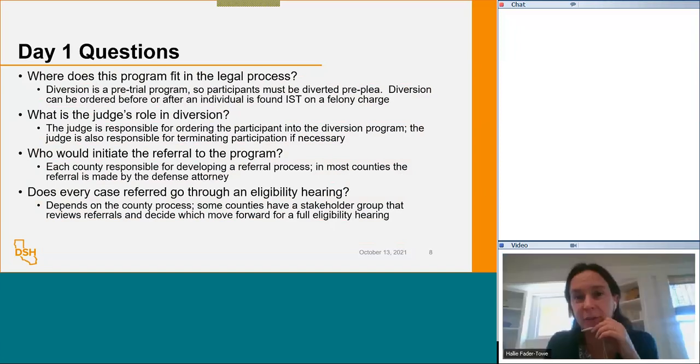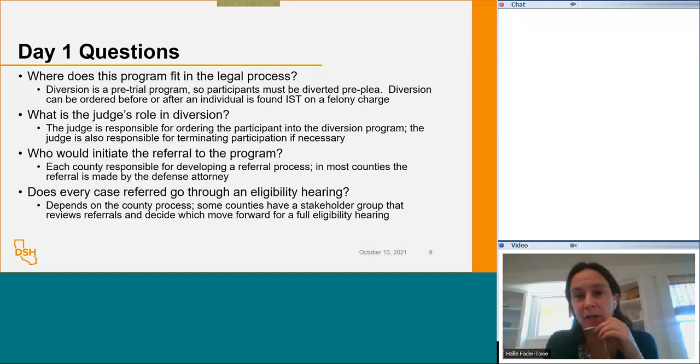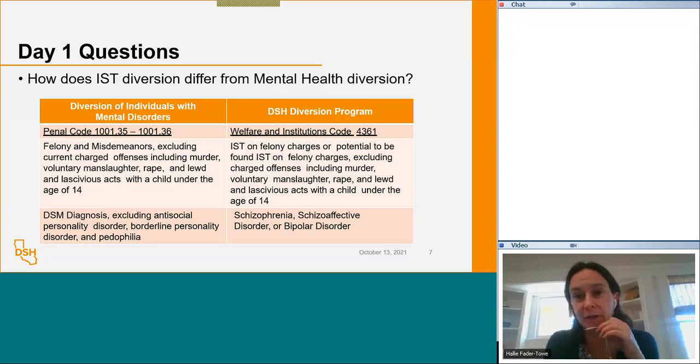Hey, good afternoon, everybody. I'm going to try saying what Ashley just said in a slightly different way in case that helps put the pieces in place. It's possible to think about Department of State Hospital funded diversion as a separate program that has a different target population and different processes.